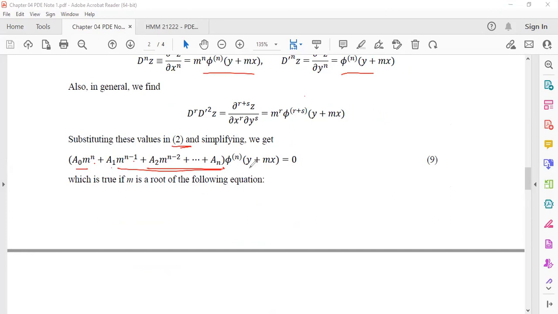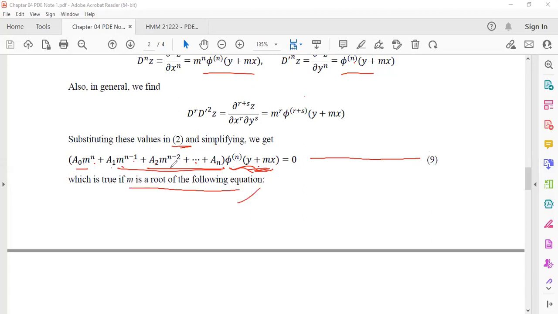φ and y + mx will be, from this you can get as a common factor. So they are writing all the coefficients as a common factor. You can take this as a common factor. These are the remaining coefficients, which is equal to 0. We are taking this as equation number 9, which is true if m is a root of the following equation.